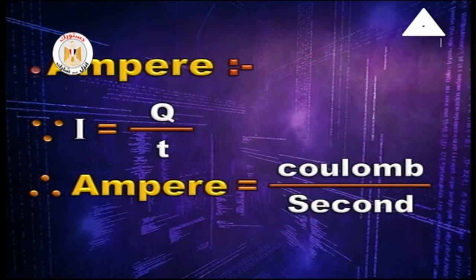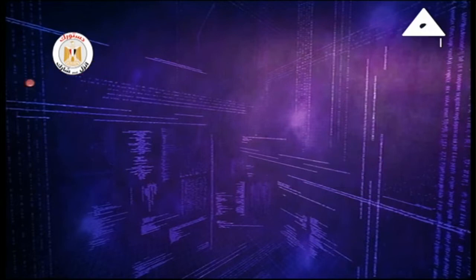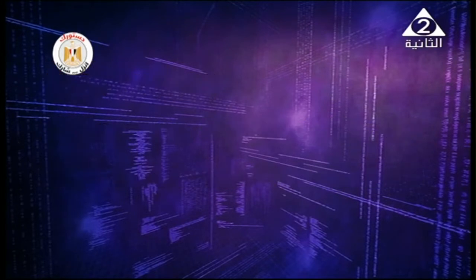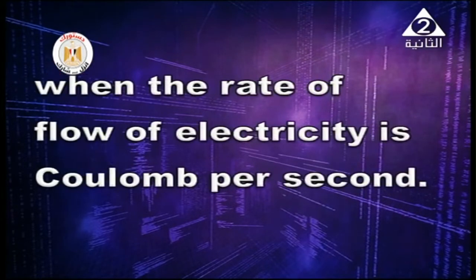It is the current intensity when the rate of flow of electricity is 1 coulomb per second. Once again, the ampere is defined as the intensity of the electric current when the rate of flow of electricity is 1 coulomb per second.